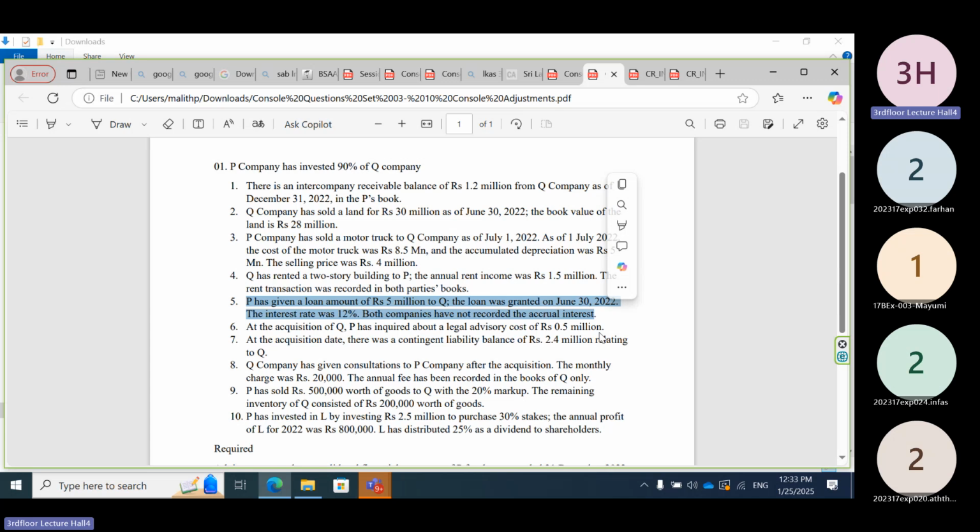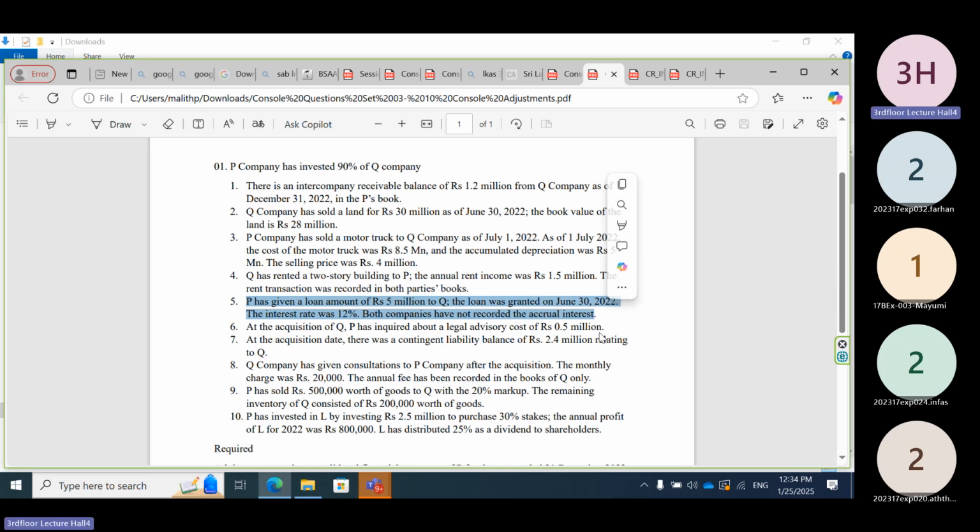Our step is complex, but they can give it like that. Apply it from June 2023. But we know this company: they have given a loan to an outside company, this P company, in 2020.